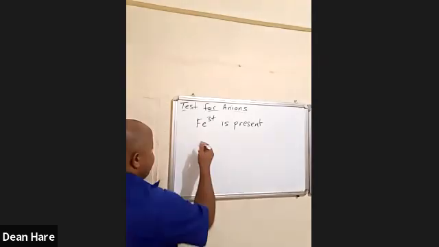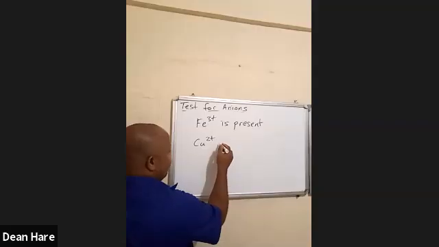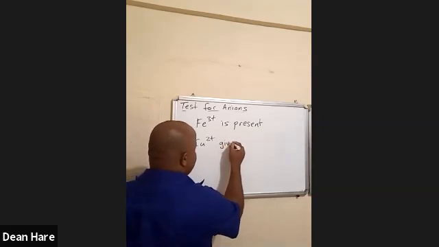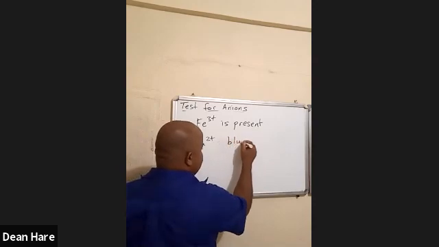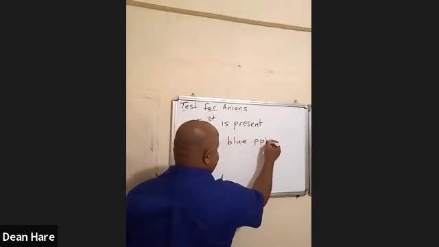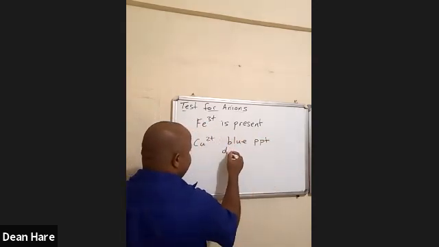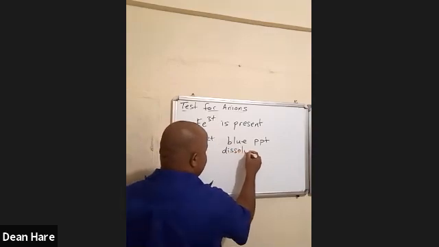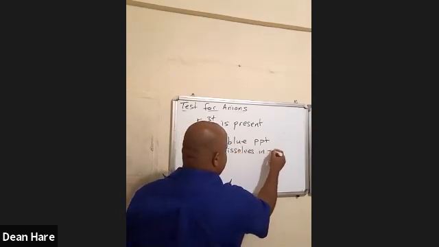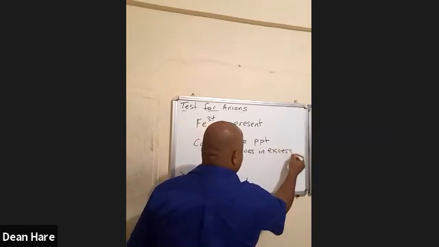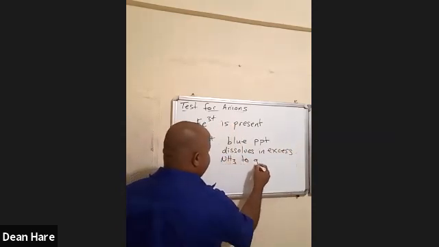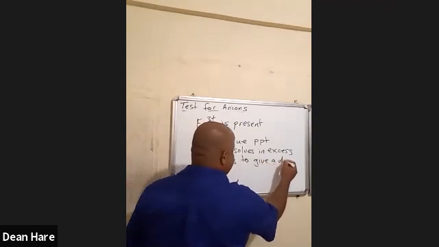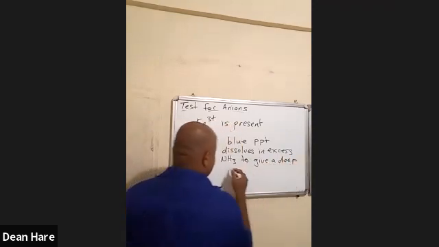So Cu2+ gives a blue precipitate, but it dissolves in excess ammonia to give a deep blue solution.